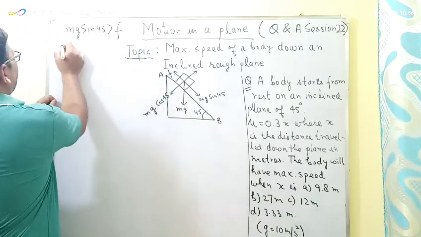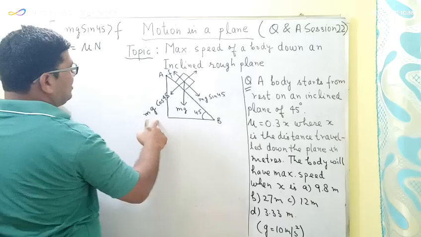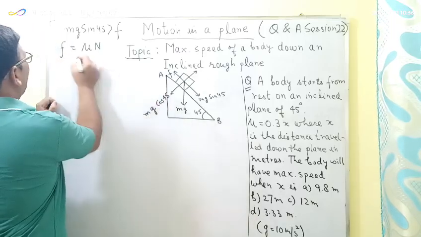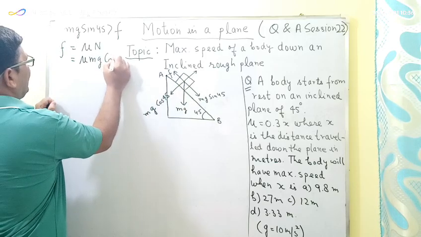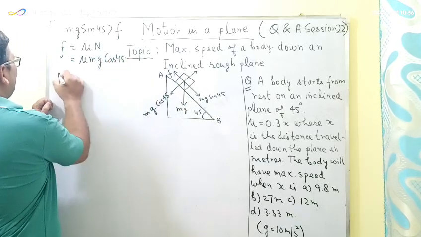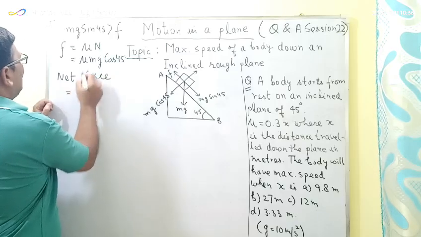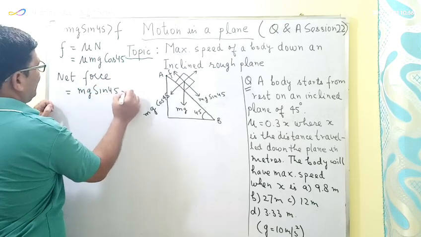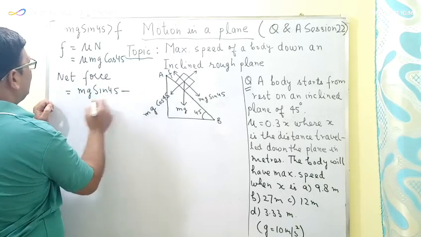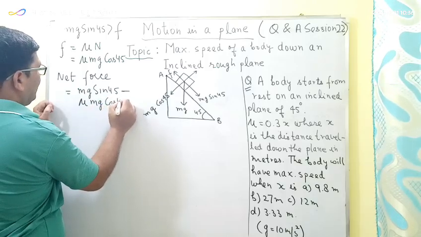The force of friction is equal to mu into N, where N is the normal reaction. Here the normal reaction is equal to mg cos 45, so the friction will be equal to mu mg cos 45. The net force on the body will be equal to mg sin 45 minus mu mg cos 45.